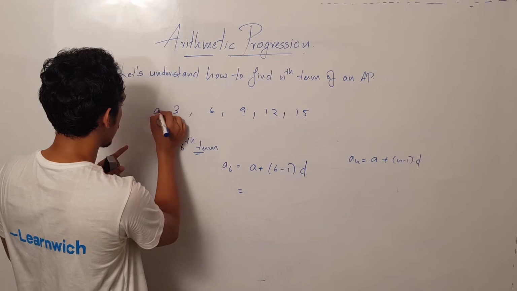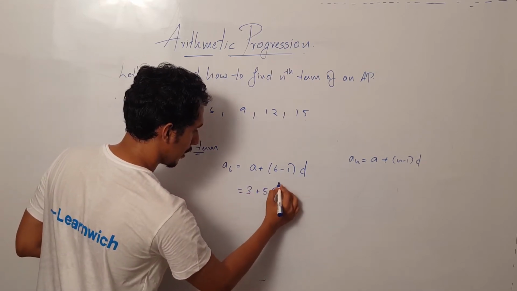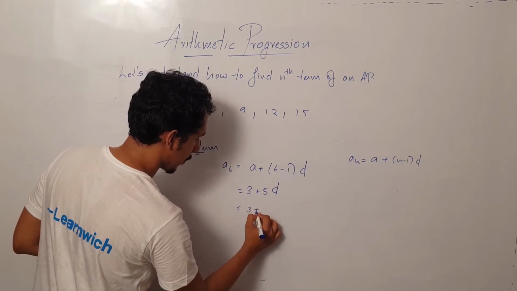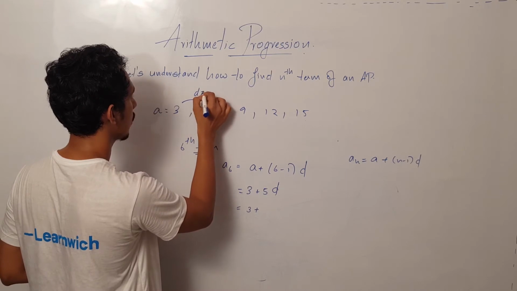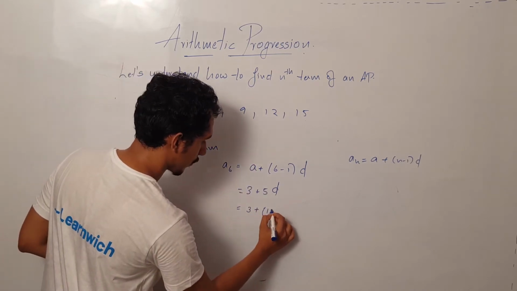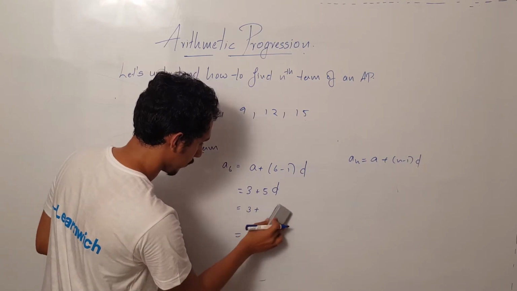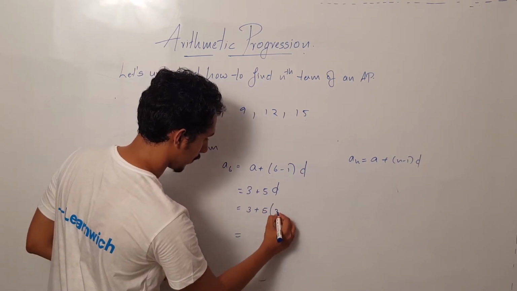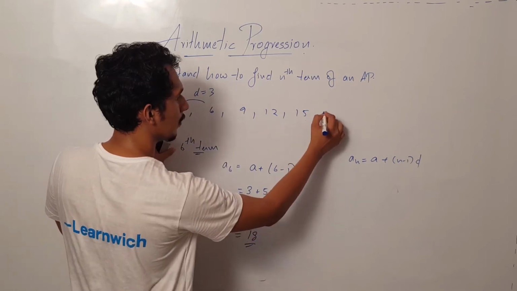A is the first term, 3. 3 plus 6 minus 1 is 5 into D. What is D here? D is 3. I'll write 5 into 3 so that you don't get confused. So the answer is going to be 18. Correct? You can guess it easily, no?